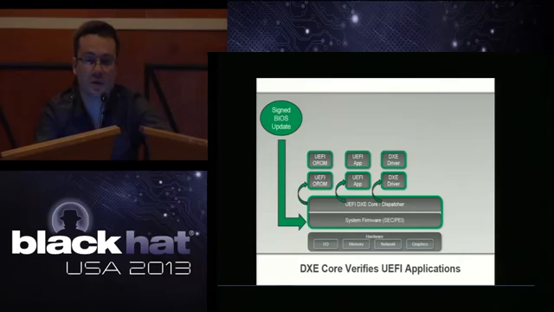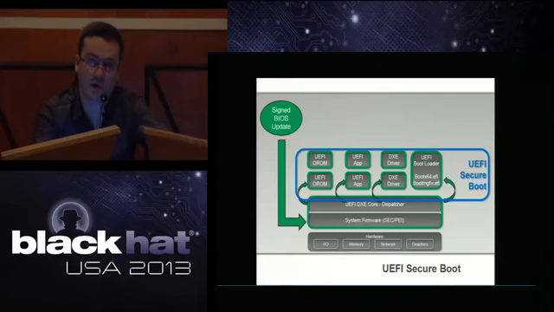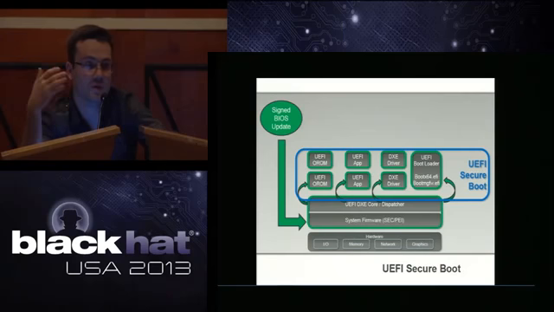Any application like the UEFI shell has its signature checked, and more importantly, the OS and bootloaders are also verified before they're loaded and executed. And this is what UEFI Secure Boot is, right? But now we have to continue that chain of verification up until the OS and even further.